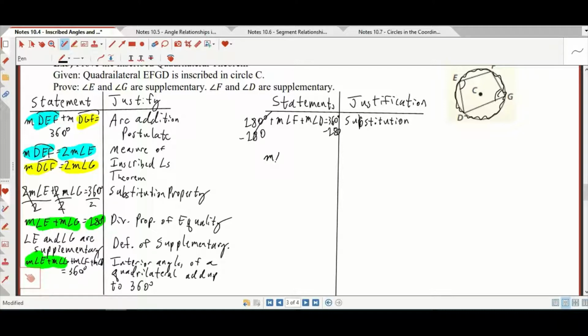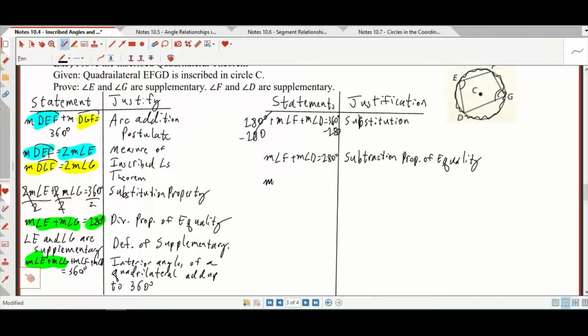So I know that the measure of angle F plus the measure of angle D equals 180 degrees by the subtraction property of equality.